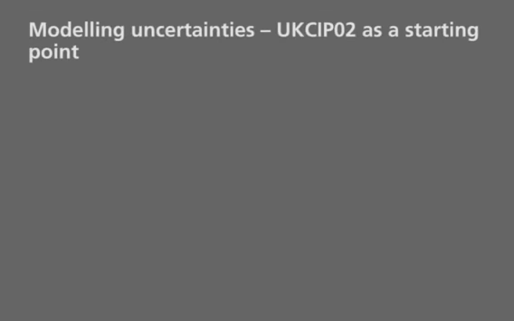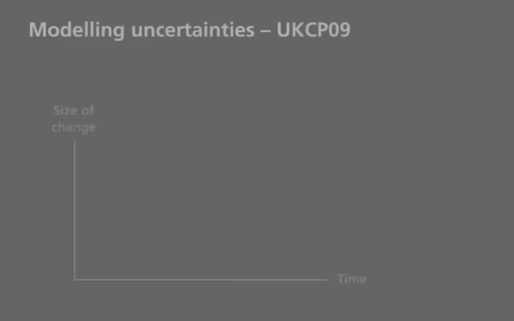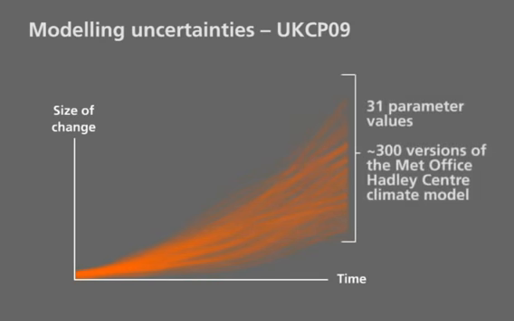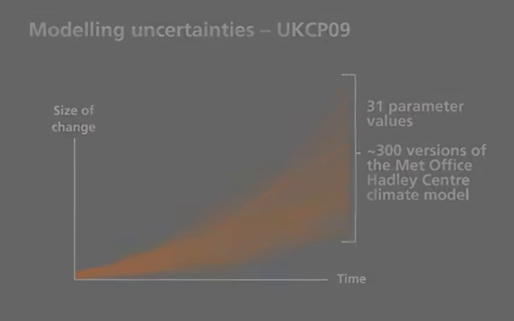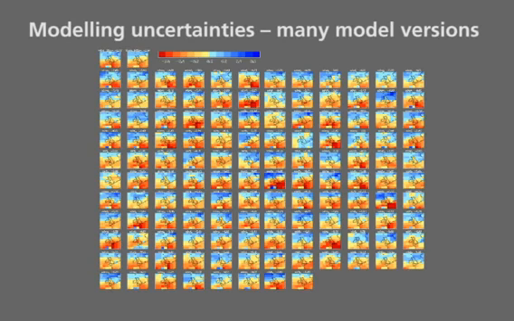In UK CIP02, the model was run just once to produce the outputs that you have probably seen. In UK CP09, the big difference is that the model is run over 300 times, and each time the model is run, some of the 31 parameter values are altered within plausible limits. If we were to look at all of those outputs, it might look something like this.